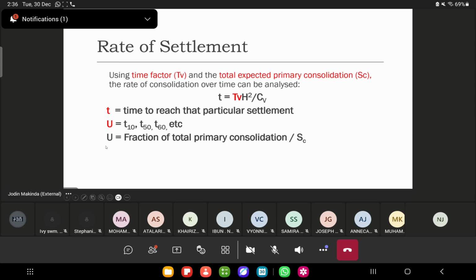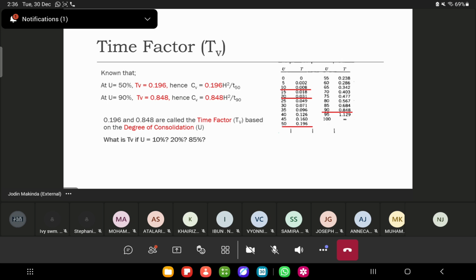So you look into the fraction of the primary consolidation U here. U ini refers to the percentage of settlement. Meaning that if the total settlement is 1 meter, if the settlement is 0.5 meter, maksudnya U equivalent to 50, half of the settlement. This is what you call fraction of the total primary consolidation.